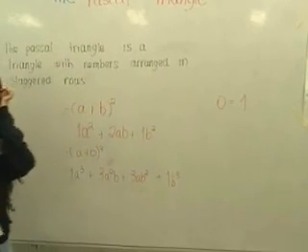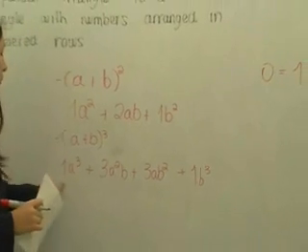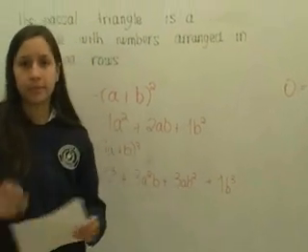And as you see, the answer is like the third row in the Pascal triangle. It has 1, 3, 3, and 1.